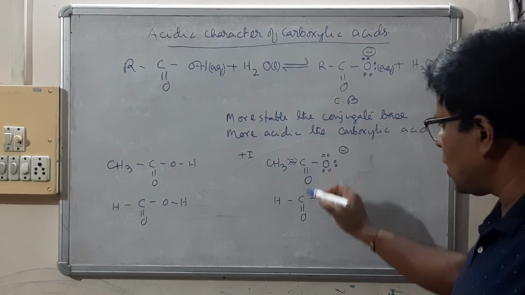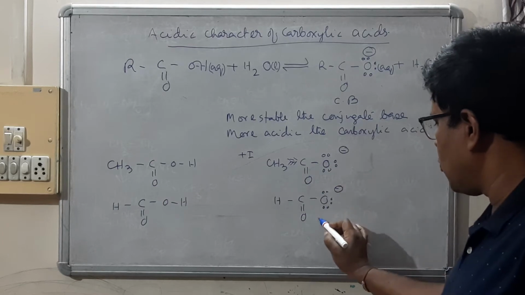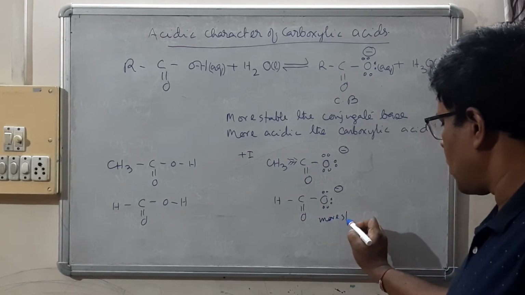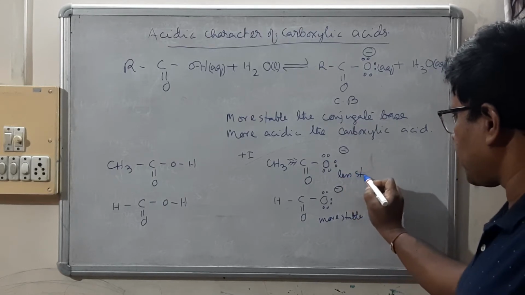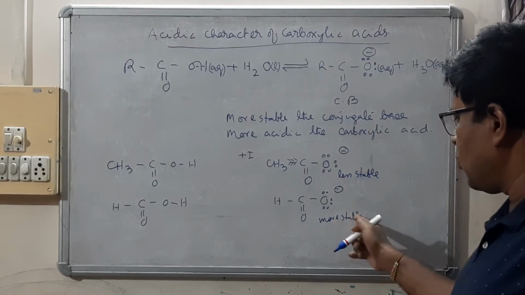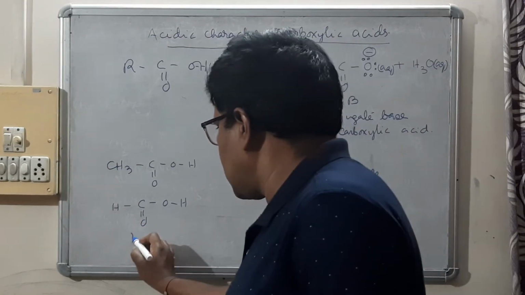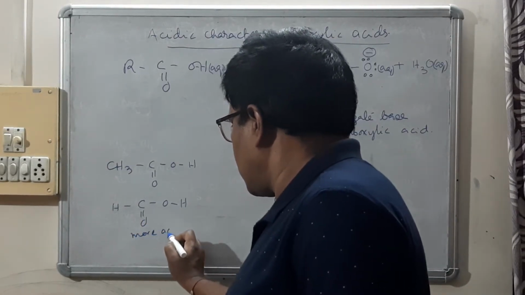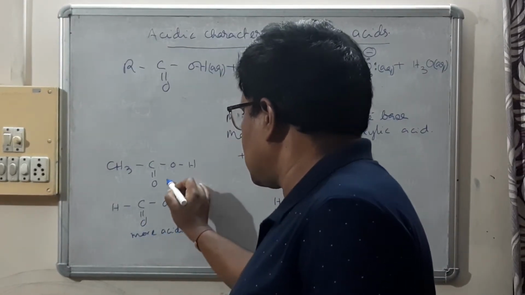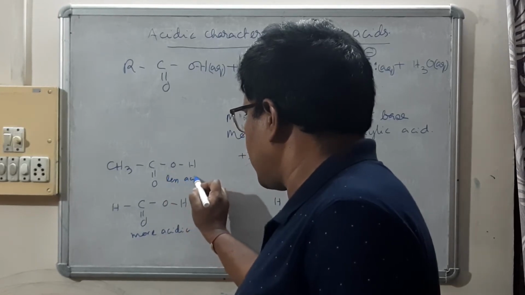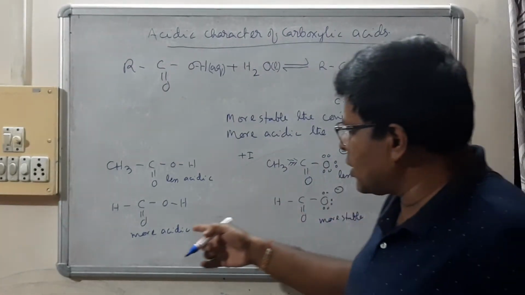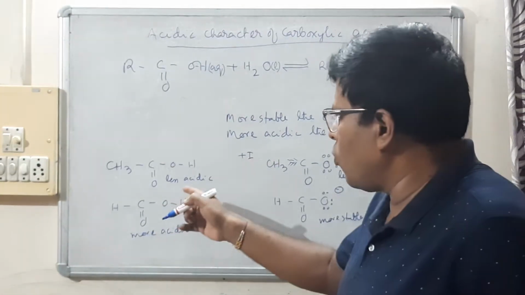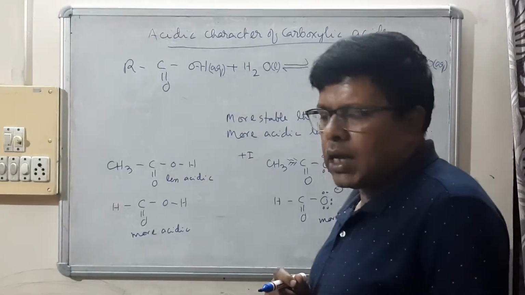So we can say between these two, this is more stable, this is less stable. Since it is more stable, this is more acidic, and this is less acidic. So what we have seen is that formic acid is more acidic than acetic acid.